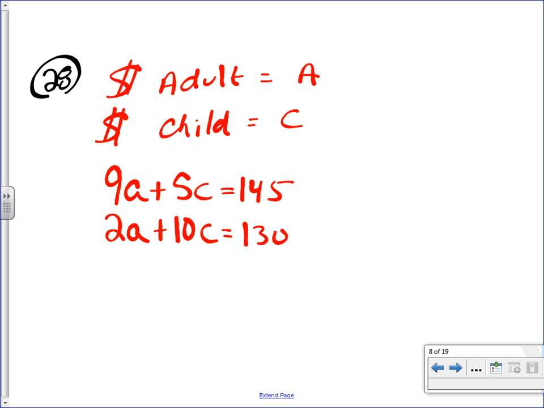This particular one is going to be a 2 by 3, because we need 2 rows with 3 columns. In that first row, we're going to type in these 3 numbers right here, the 9, the 5, and the 145. In the next row, we'll type in the 2, the 10, and the 130.